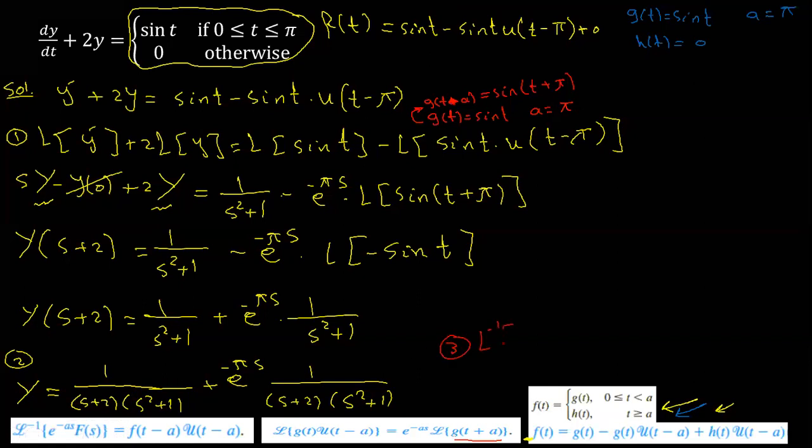So you need to find the Laplace inverse of y capital, which is given to be the Laplace inverse of the first fraction. I don't have space, so I'm not going to write it here, okay? Plus the Laplace inverse of the exponential negative pi s times the same fraction. So now, Laplace inverse of y capital is y of t. For the Laplace inverse of this fraction, I'm going to use the next slide to find it.